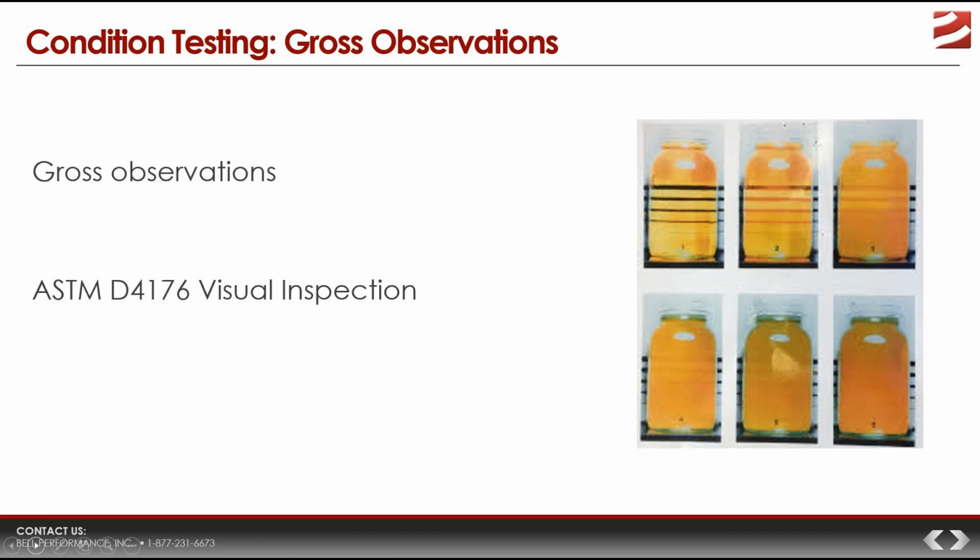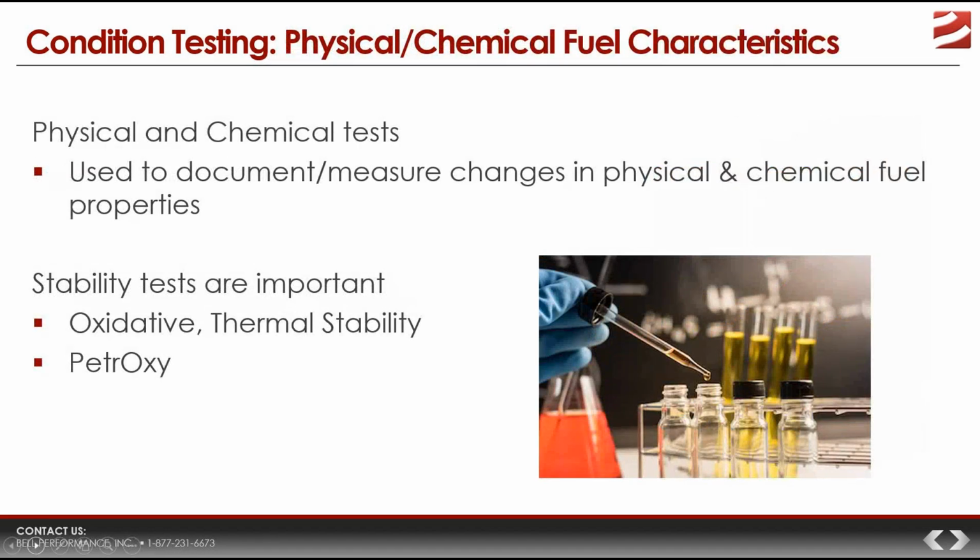So if you have a fuel sample and it looks like number 4 or 5 or 6, that's a typical good indication that there is something else going on with that fuel. Changes in the normal physical or sensory properties of the fuel are a hint that something's going on.